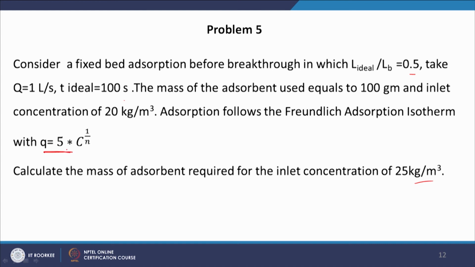By doing the mass balance we can calculate the value of n, the Freundlich isotherm constant, for the first case. For the second case we use that n value to calculate Q, and then we do the mass balance and get the desired value, the mass of adsorbent required for the inlet concentration of 25 kg per meter cube. So, this way we will proceed.